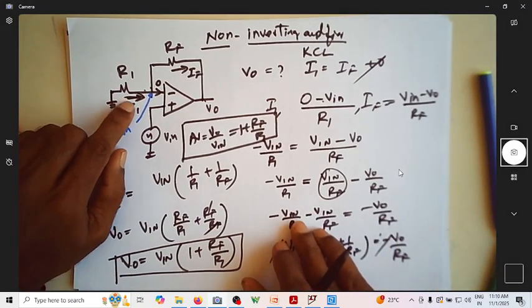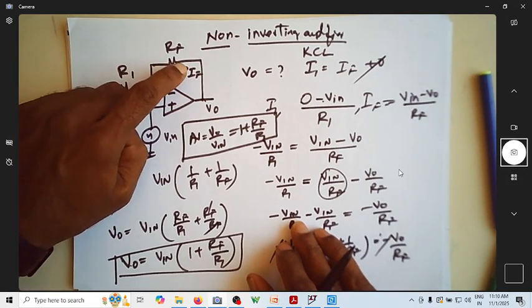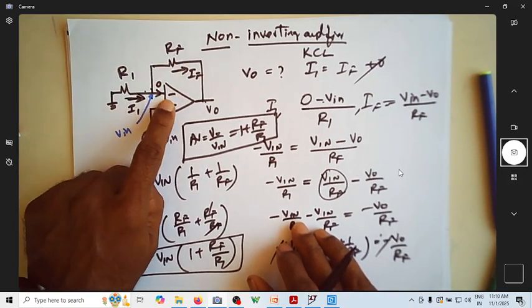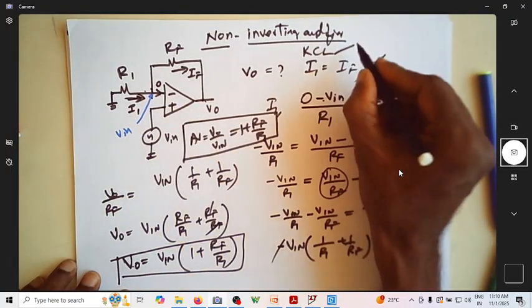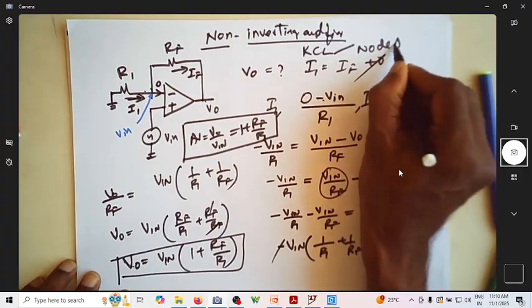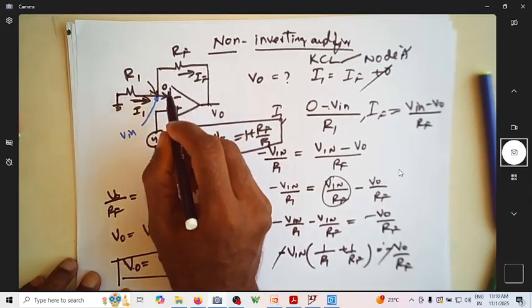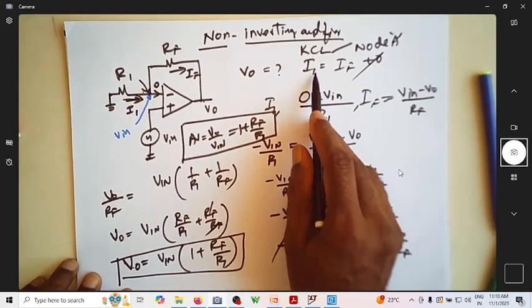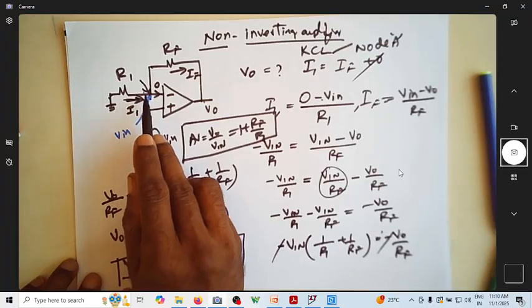It's very simple. We assumed a current I1 flowing like this, IF flowing like this. This current is 0 because it's a high input impedance. So then we wrote the KCL at node A. This is node A. Current entering is equal to current leaving. Then we wrote the expression for I1, which is nothing but this voltage minus this voltage by R1.